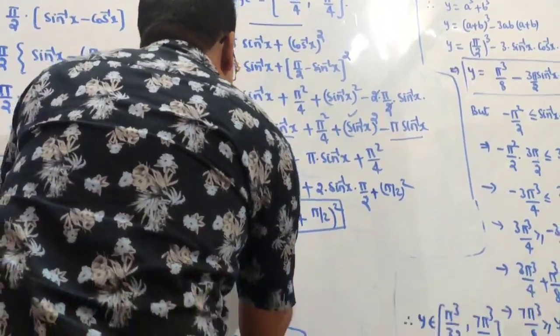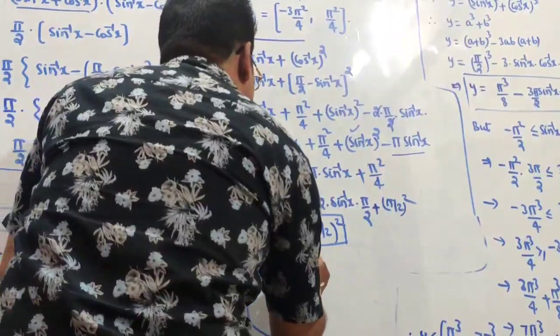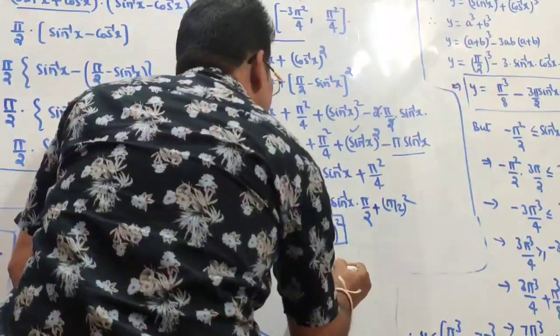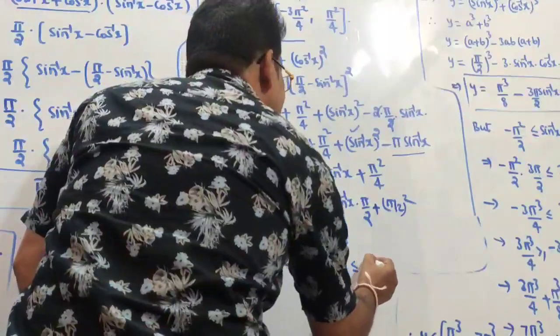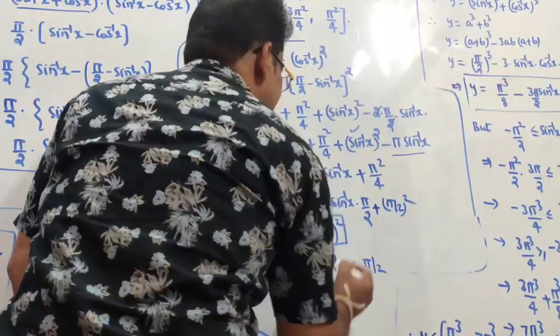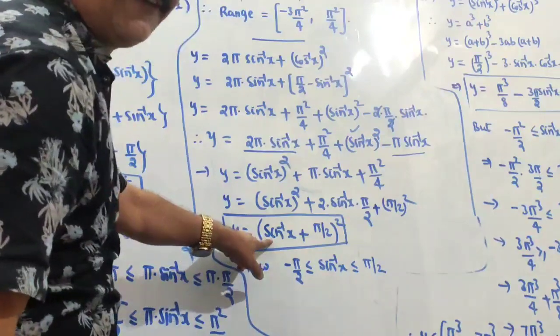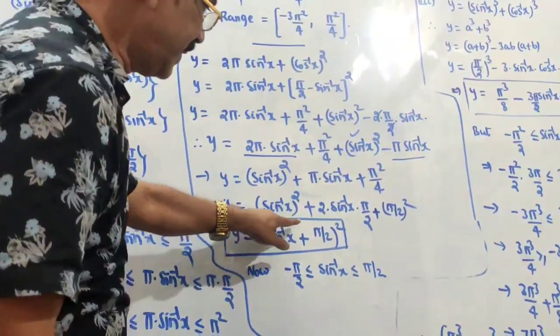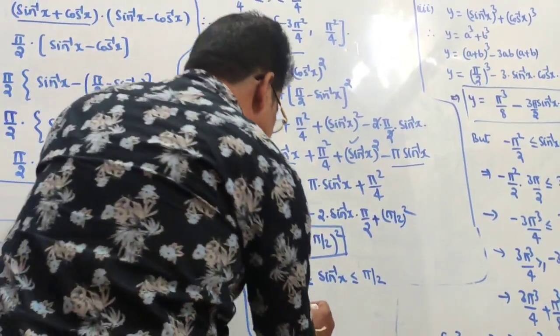Now we know that minus pi by 2 is less than or equal to sin inverse x, less than or equal to plus pi by 2. Now we are obtaining sin inverse x plus pi by 2 whole square, for which first we add pi by 2 on both sides.